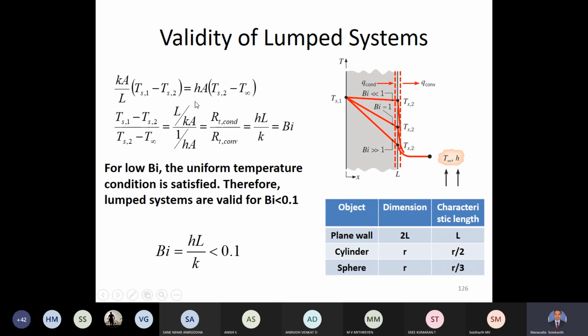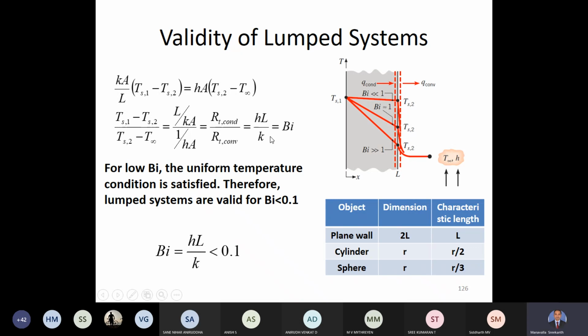L by Ka is the conduction resistance. Within the object, conduction is taking place, therefore there is some resistance. Similarly, 1 by Ha is the convection resistance at the surface. So this temperature ratio is a ratio of the conduction and the convection resistances.